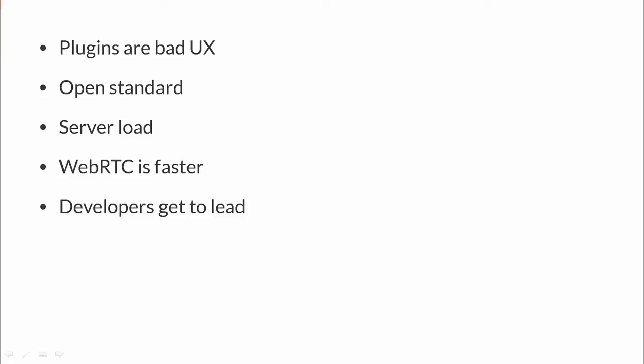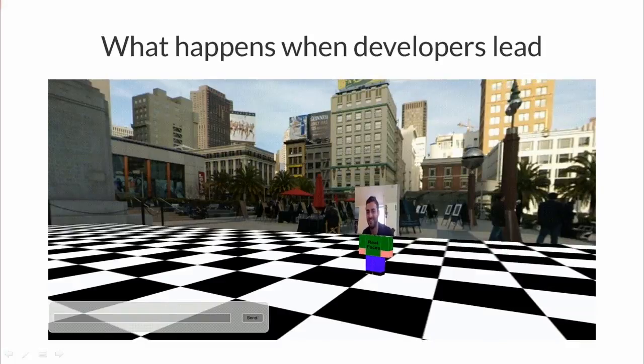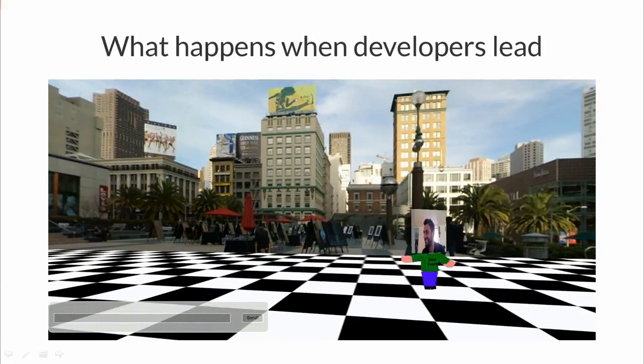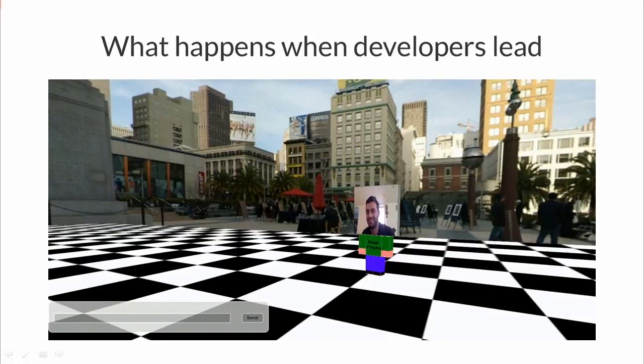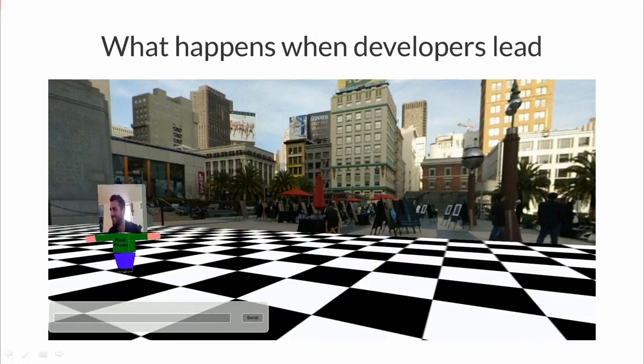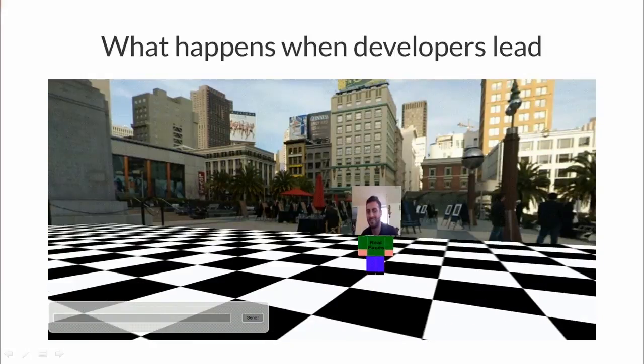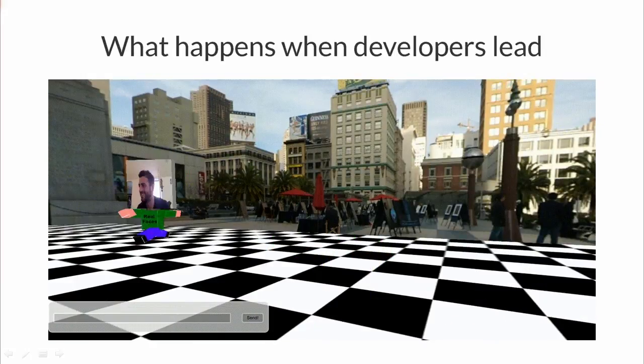Three, it actually reduces server load substantially, up to 90%, which is transformative. And it's faster as well. But possibly the most important thing, for us at least, is that WebRTC is put in the hands of developers. And developers do amazing things. Like, this is the power of WebRTC. This is why it needs to be in our hands, not in the telephony experts' hands, so we can build things like this.